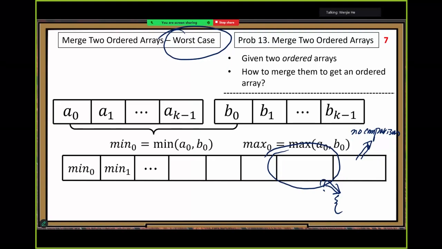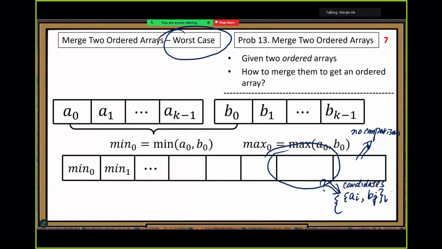One possibility is that you have candidates. Let's consider the candidates. If you have one element, A sub I, and one element, B sub J, one from each subarray, then you need to do a comparison, right?